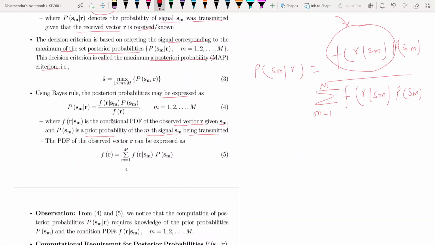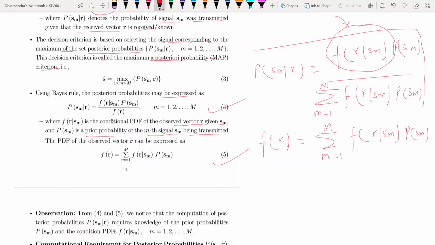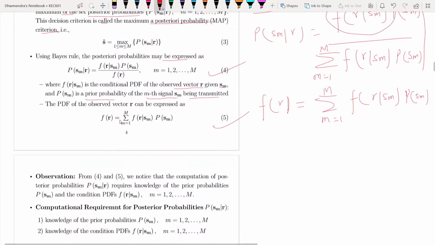This quantity is the PDF of the observed vector, which can be written like this: the conditional probability multiplied with the prior probability of the transmitted message, summed. From equations 4 and 5, we can notice that computation of the a posteriori probability requires knowledge of the prior probabilities P of Sm and the conditional PDF of R given Sm.